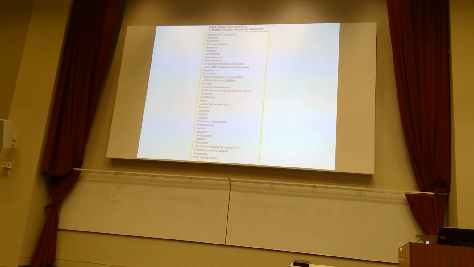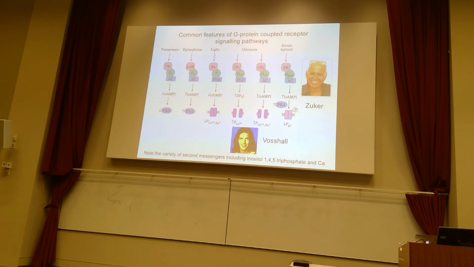So that's a little preview for what we're going to be talking about next week. The ability of a variety of different signals from outside the cell to engage G proteins at the cell surface, induce second messengers that you see here, and then influence events within the cell. A lot of really cool work is being done here in New York. Leslie Vosshall at the Rockefeller Institute is working on odorant molecules, and Professor Zuker up at Columbia is working on G protein coupled receptors that allow us to sense sweet molecules.